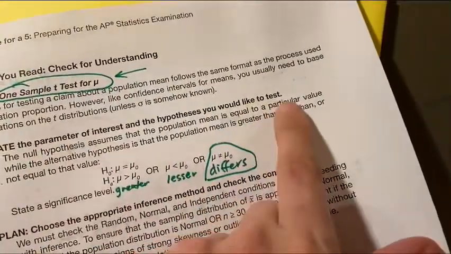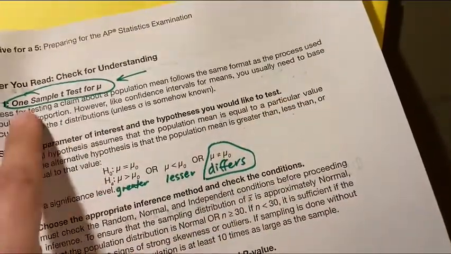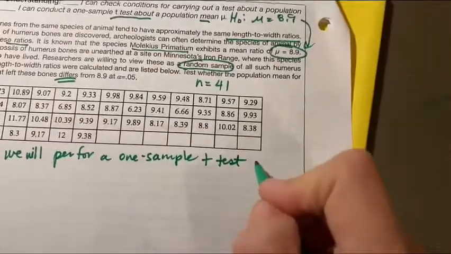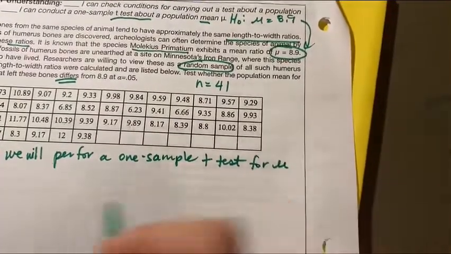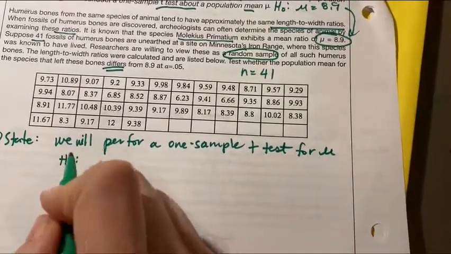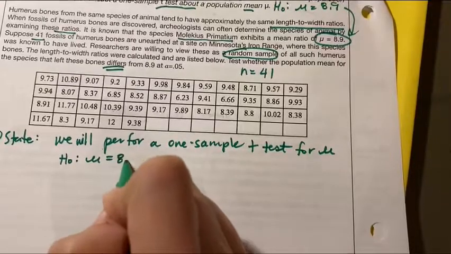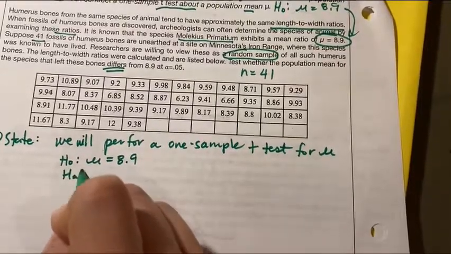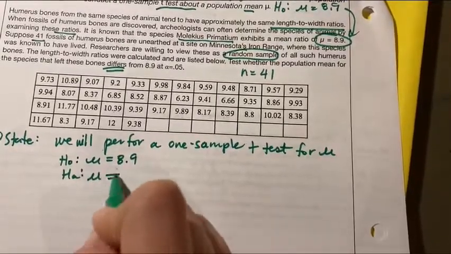Again, remember we're stating the parameter and what we're interested in. One sample t-test for mu. Our H sub o is that mu is 8.9. And our H sub A is that mu is something other than 8.9.